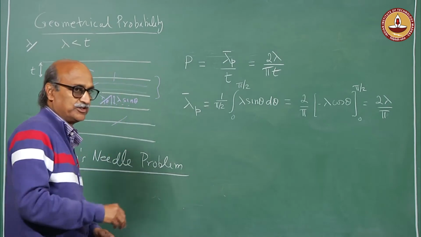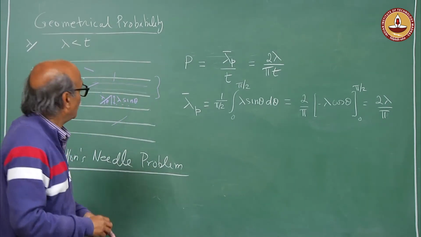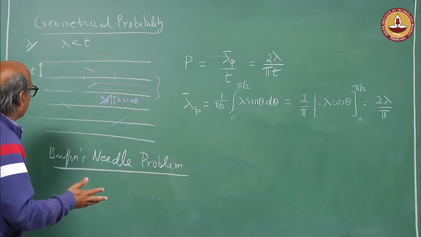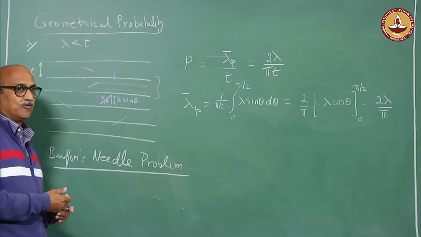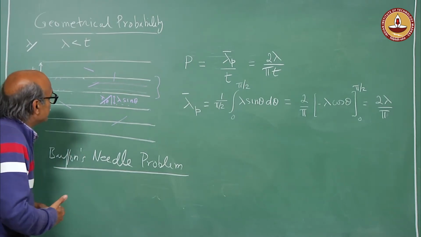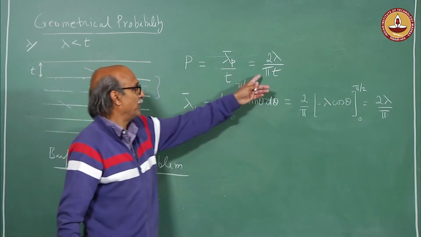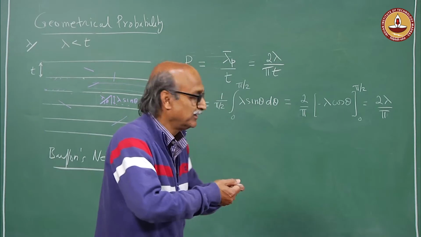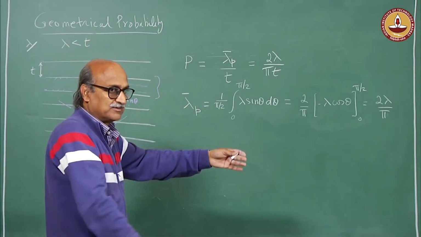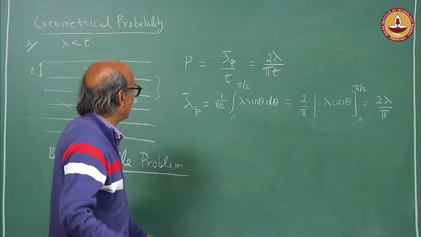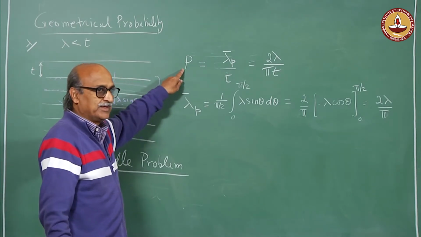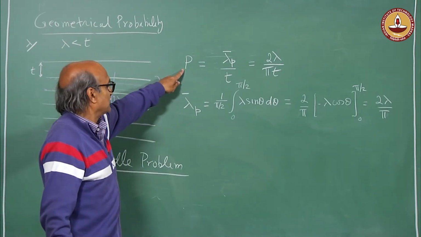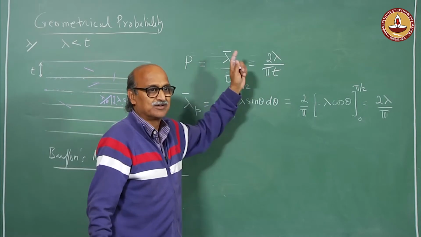Buffon was a mathematician who had constructed this problem from a point of view of estimating the value of pi experimentally by throwing needles on a set of lines and computing an experimental probability. So, once you have the experimental probability, then you can estimate pi.